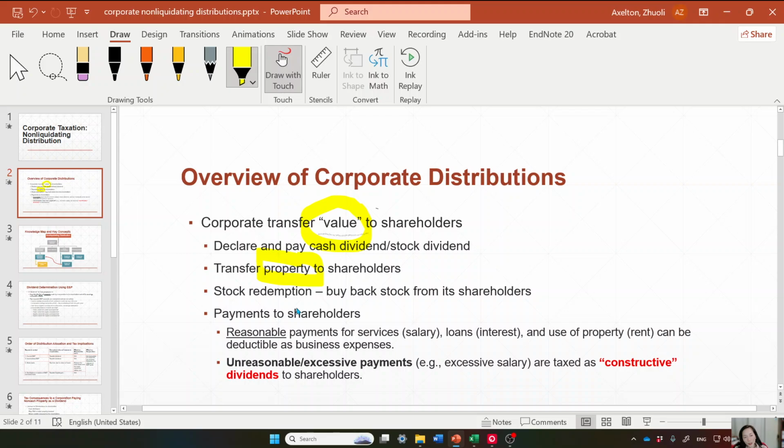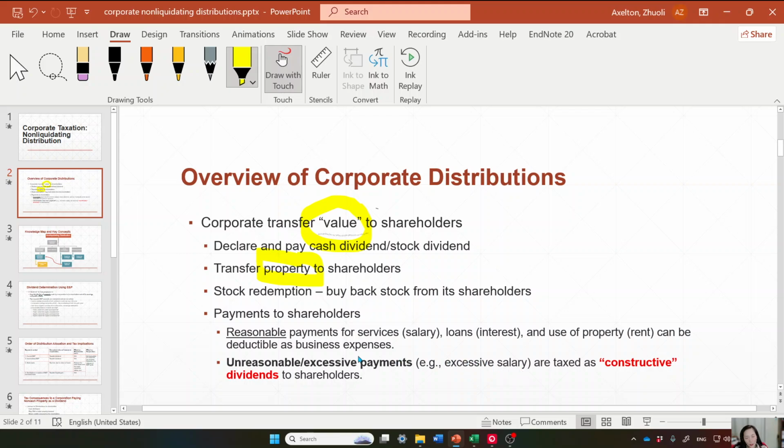The other thing we mentioned in the chapter is constructive dividends. Constructive dividends represent unreasonable, excessive payments paid from the corporation to the employees, slash shareholders.